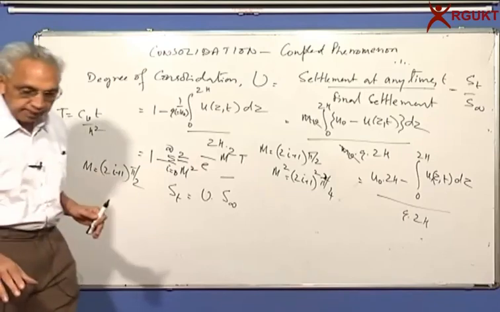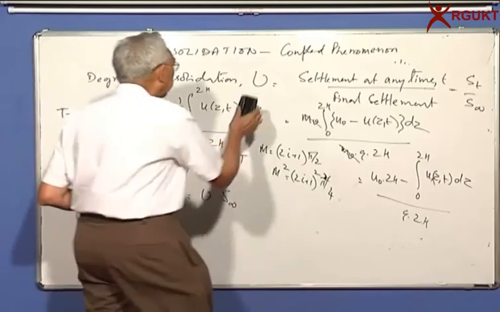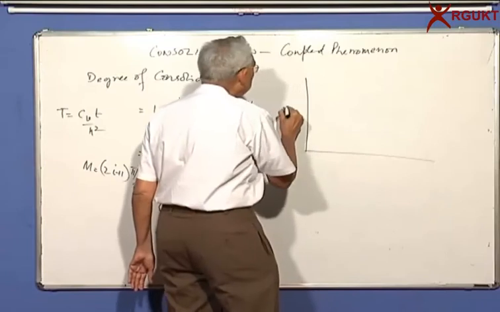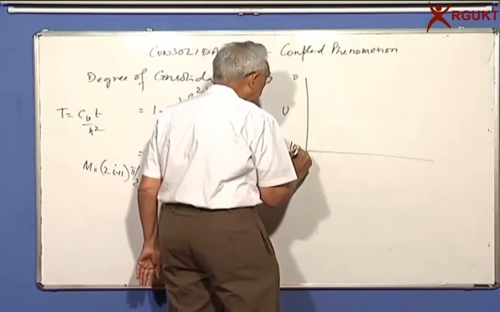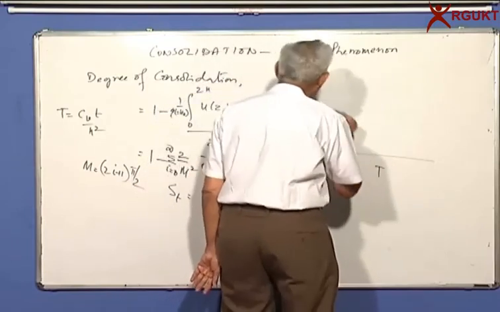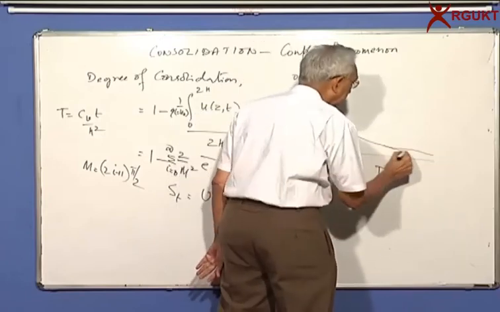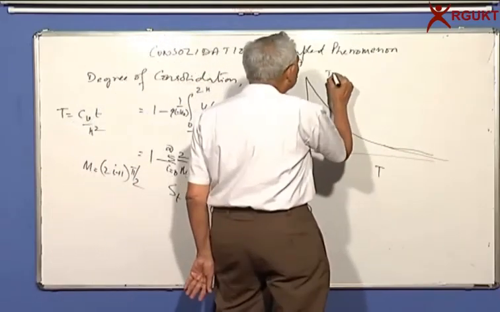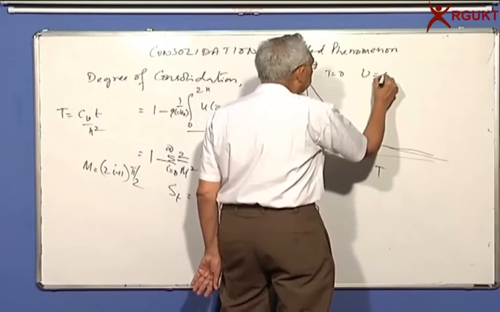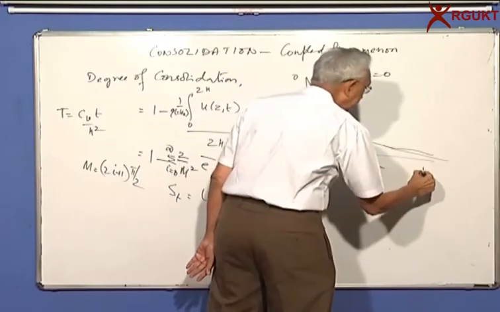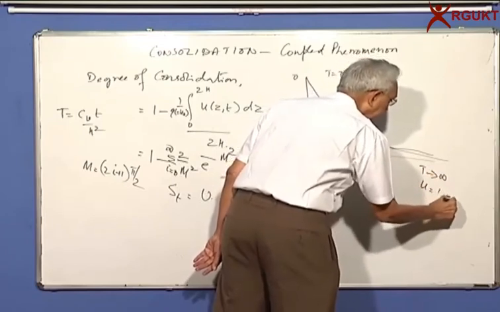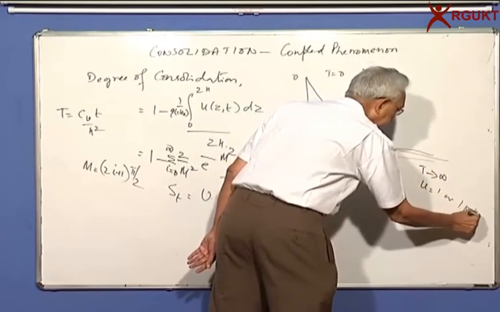And again, to illustrate this, suppose I plot, let us say you're plotting u varying from 0 to 100% versus time. It goes something like this. At t is equal to 0, u is equal to 0, and as t tends to infinity, u becomes 1, or I can express it as 100%.